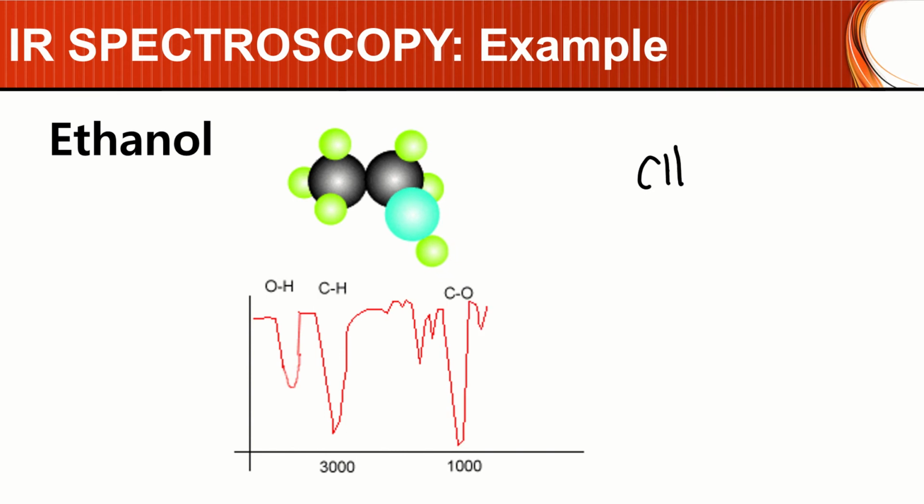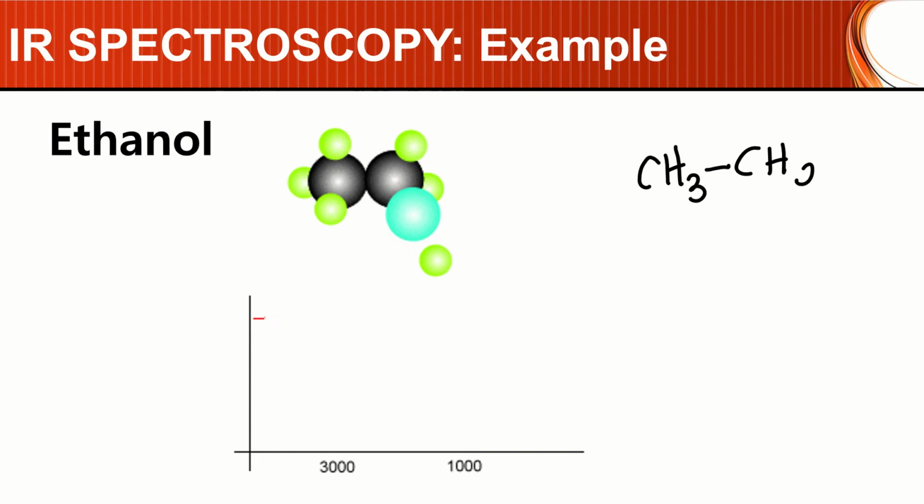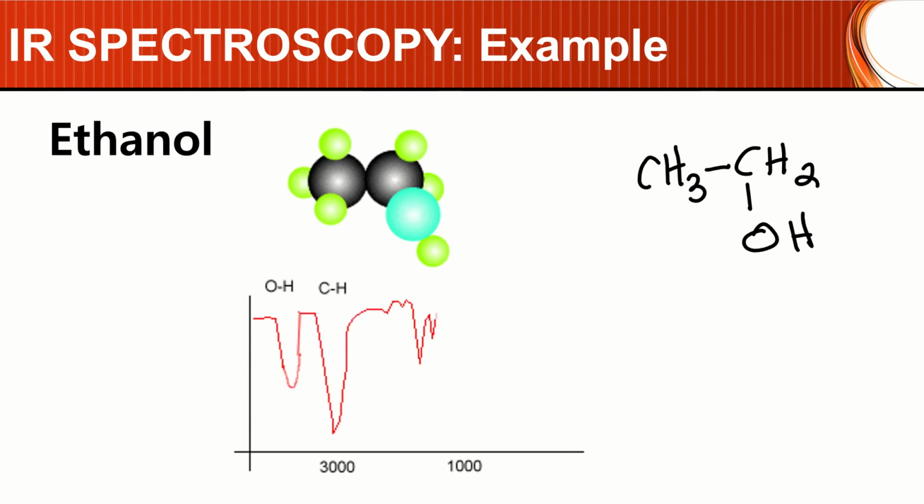So that is CH3, CH2, OH, right? And so we can see here that the functional groups, the first one is the hydroxyl, the second one represents all the CH functional groups, and then the third one would be the CO portion, right?